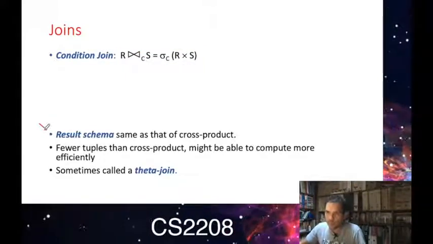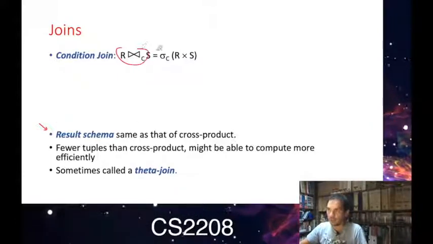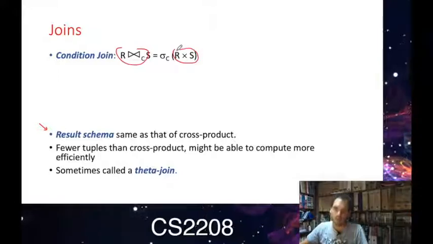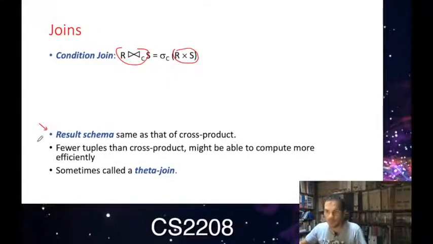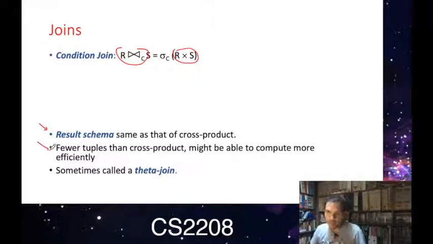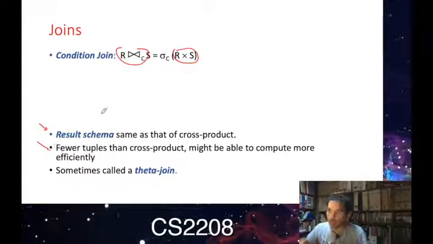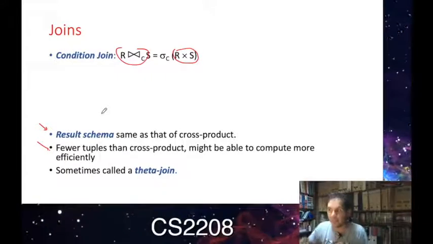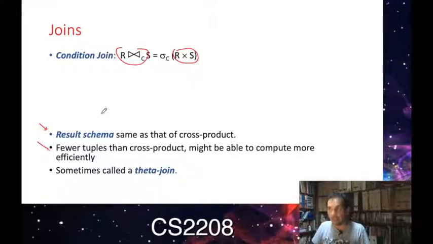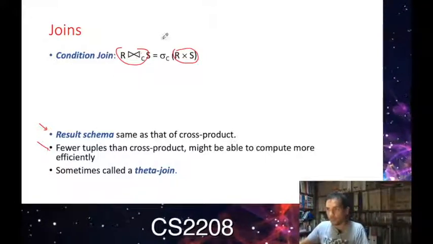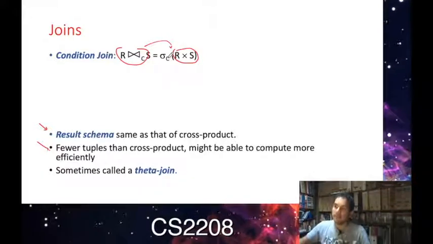Again, the attributes in the output are the same as what we get from the cross product operator. But typically we have fewer entries in the table with this conditional operator. In the worst case, the condition is not removing anything, so we have the same number of entries or tuples in the output as the cross product operator.